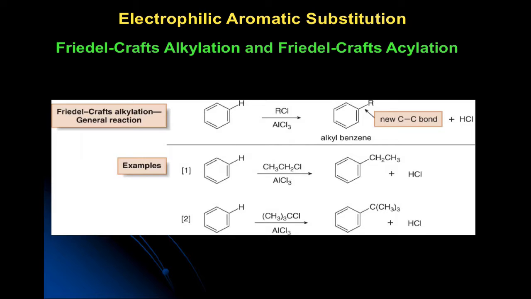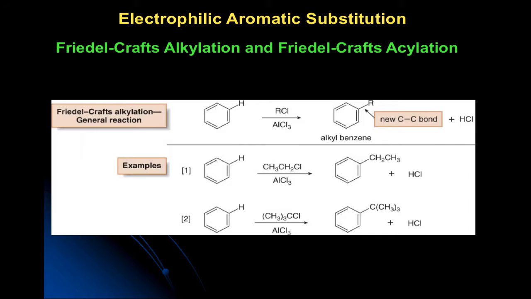Aluminum trichloride is a Lewis acid, right? So it's got to react with what? The base on the left. What's the base on the left? Got those, right? Now what do I draw?